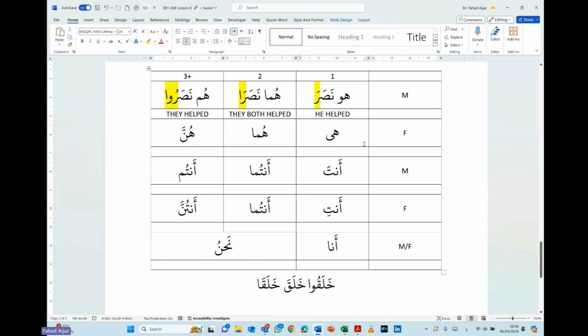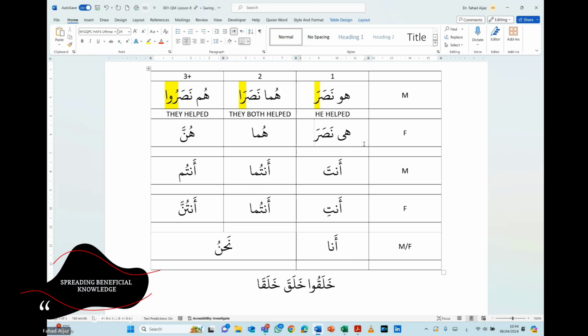So the next three, okay? Huwa nasara, huma nasara, hum nasaru. We have a PhD now in the first three, okay? Now we're going to the next three. The next three are feminine, so we are moving into feminine fi'ils. What you're going to do is pick up the huwa nasara, that's it.